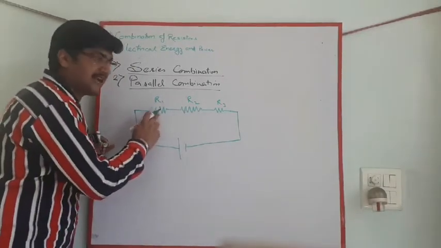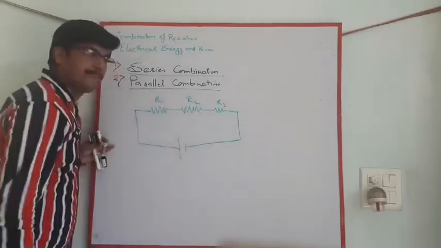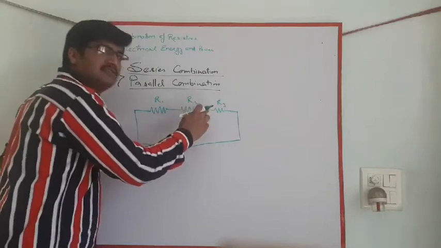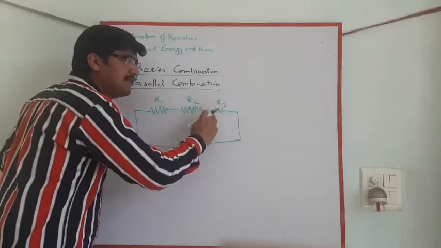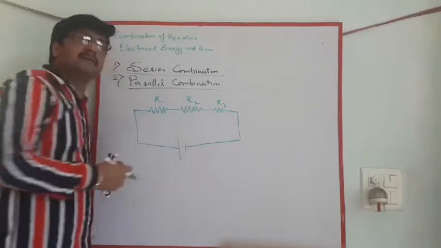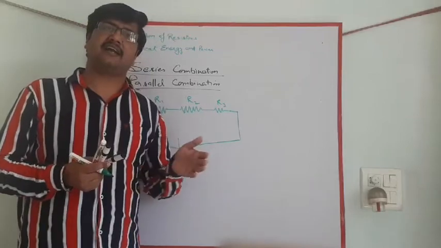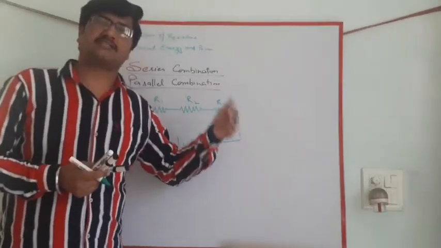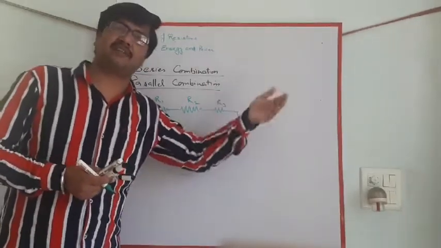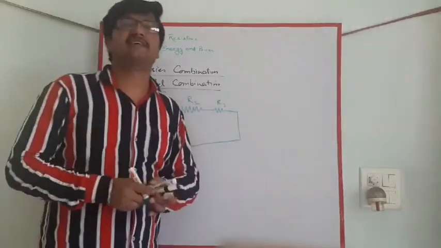The first resistor's second terminal is connected to the first terminal of the second resistor, the second resistor's second terminal is connected to the first terminal of the third resistor, and so on. Such an arrangement is like one boy's left hand in the right hand of the second boy, the second boy's left hand in the right hand of the third boy, and so on. This arrangement is called series arrangement.